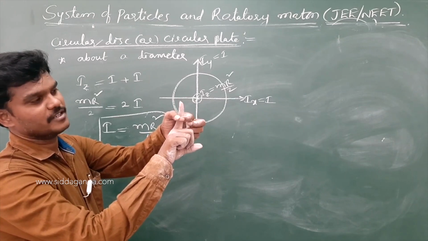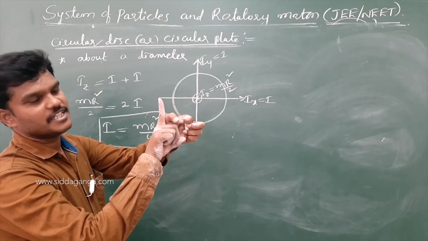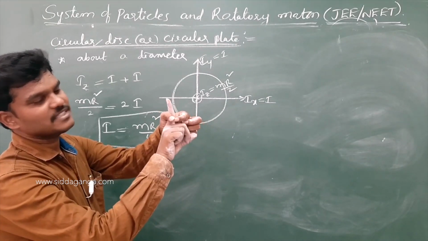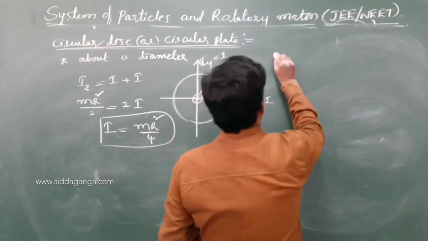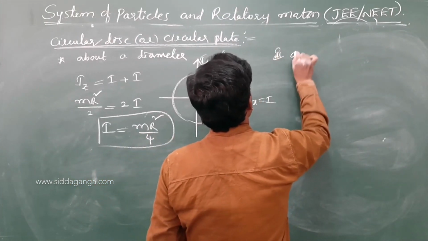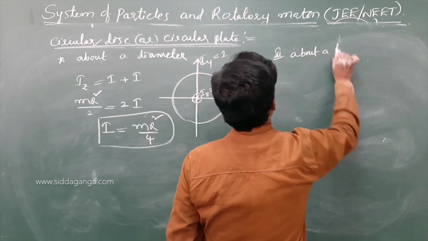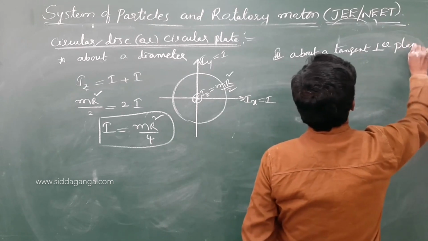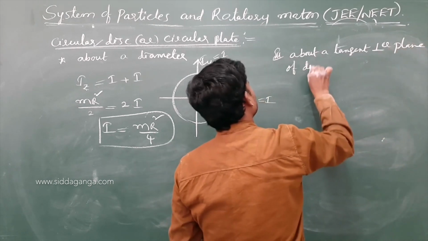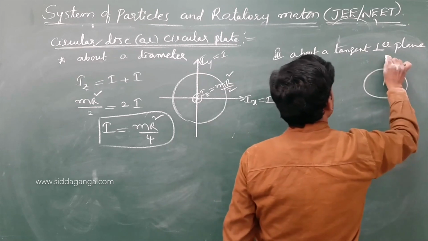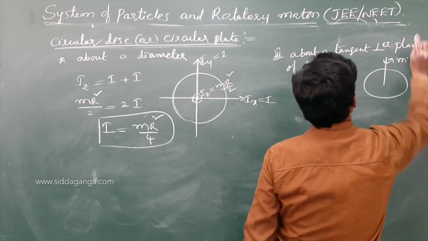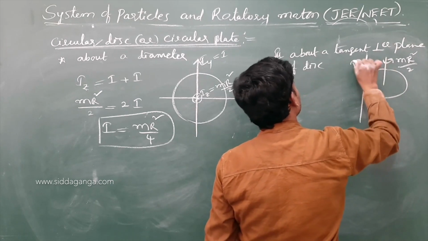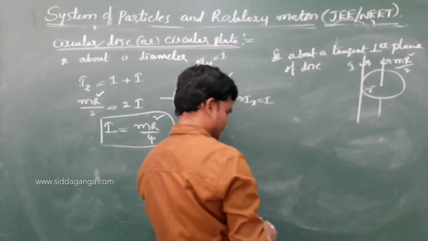It's not a ring, I am taking a disc. About a tangent, this is mr square by 2. So the third formula is about a tangent perpendicular to the plane of the disc. This gap is R, capital.